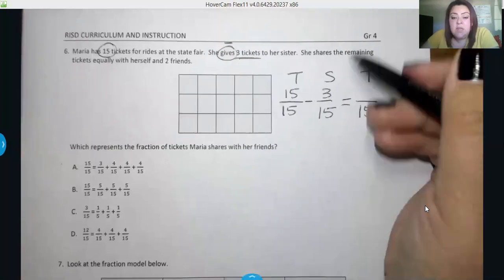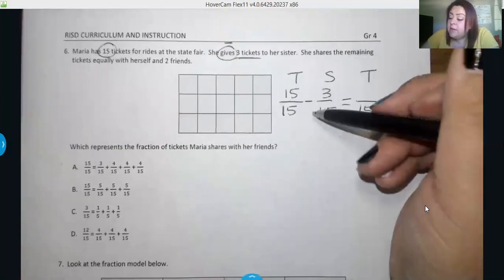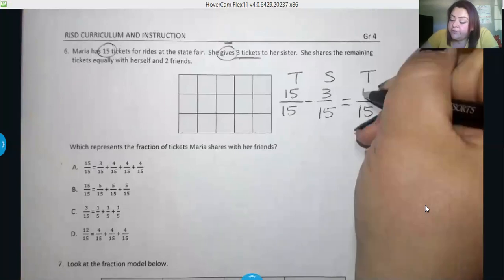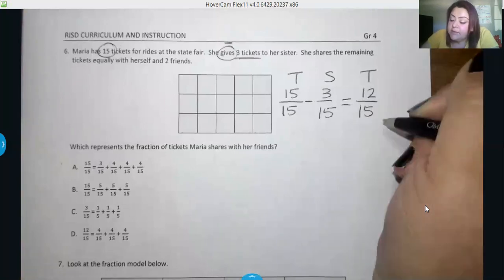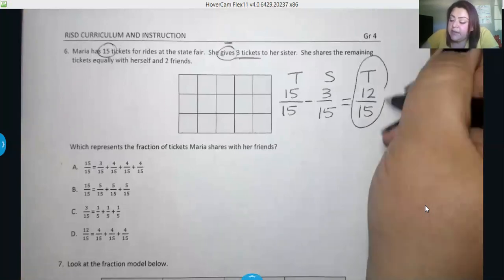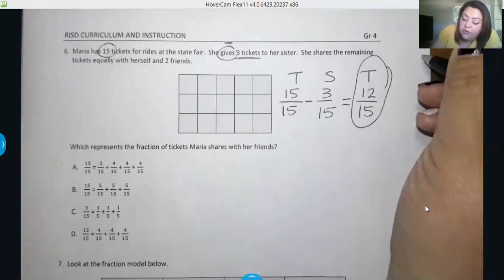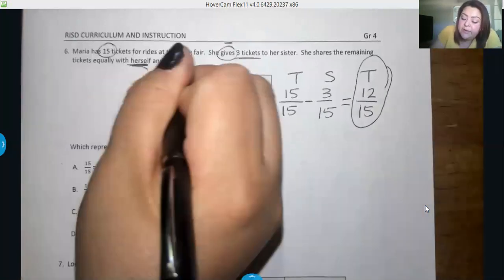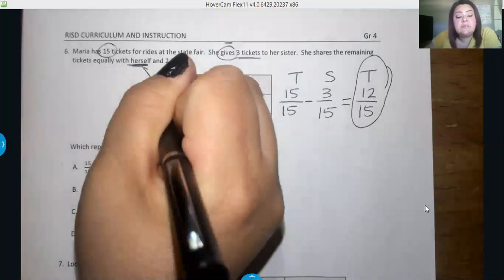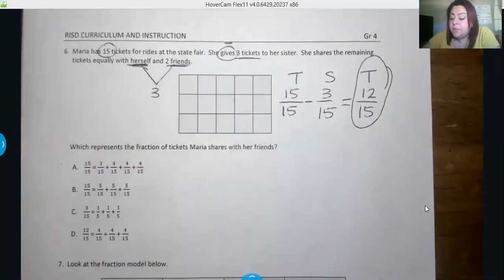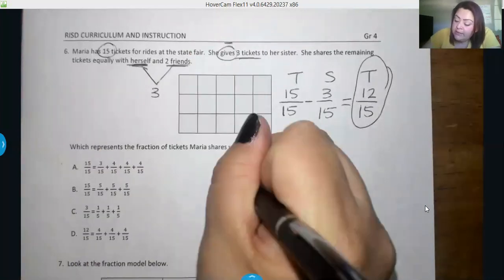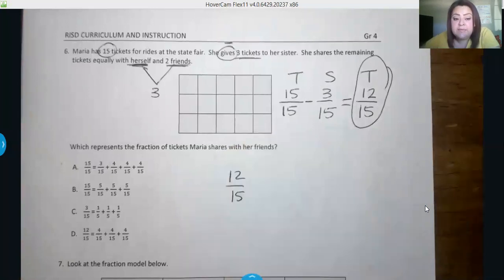We subtract the top. So 15 minus 3 is going to leave me with 12. Okay. This is what I'm working with because now she shares the remaining with herself and 2 friends. That's 3 different ways we need to break it apart, okay? So my new total is 12/15.